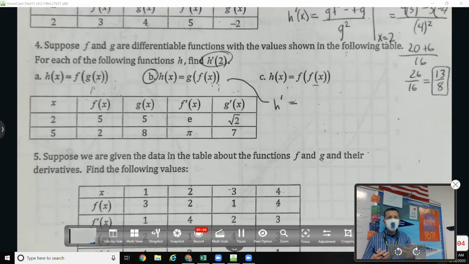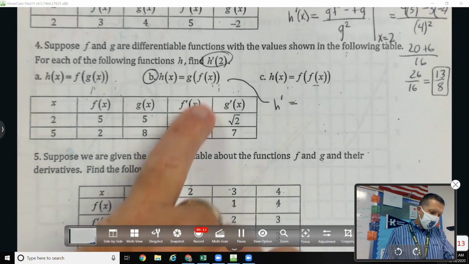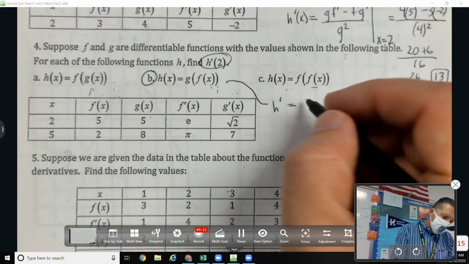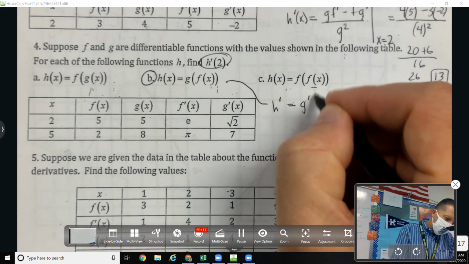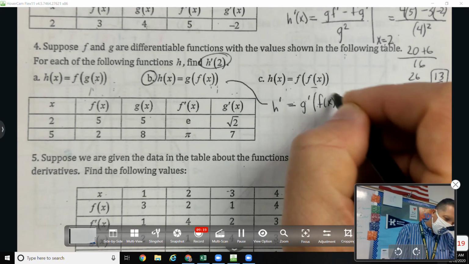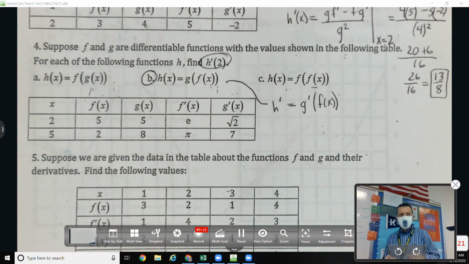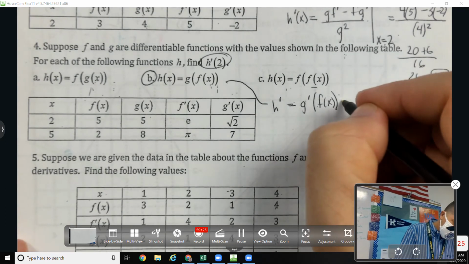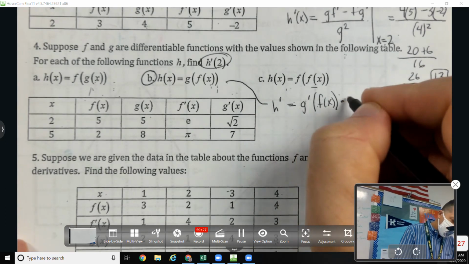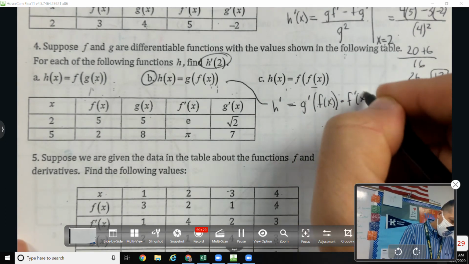But it's the same process, like one layer at a time, one derivative at a time, and chain the derivatives together. So the outermost function is g. So I'm going to take g prime at f of x, right? Because you don't eat the wrapper and the candy all at once. You do the wrapper, and then you do the candy. So chain rule that to f prime of x.